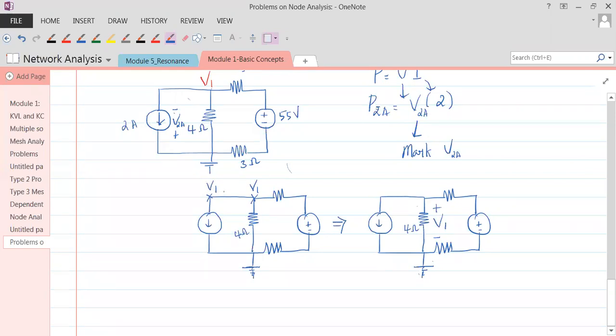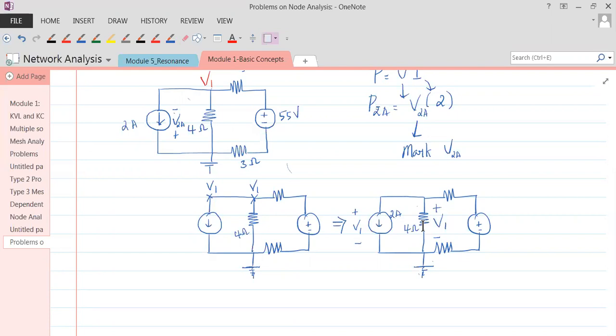Is that clear? In other words, if V1 is dropping across 4 ohms, the same V1 would drop across this current source also. Why is that? That is because this 4 ohms and this current source are in parallel. Any parallel branches would all have the same voltage dropping across them.